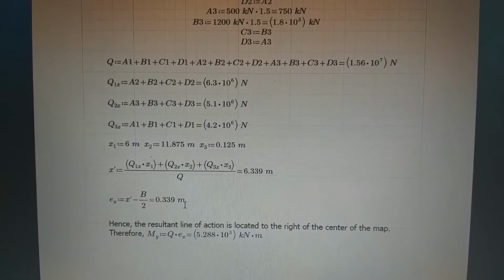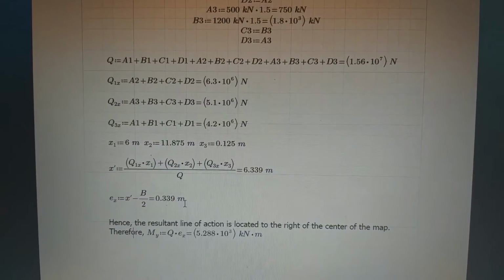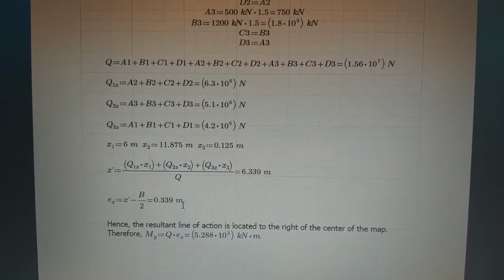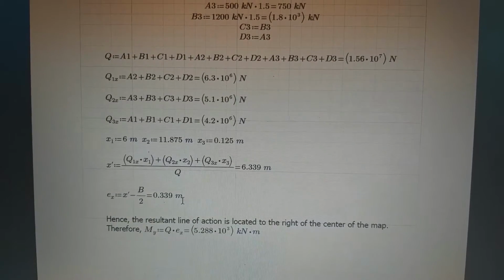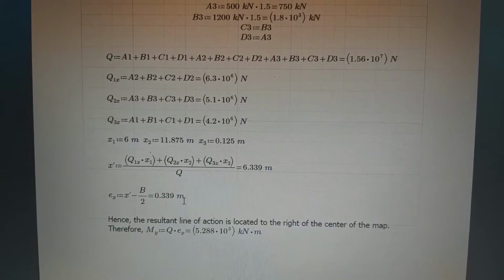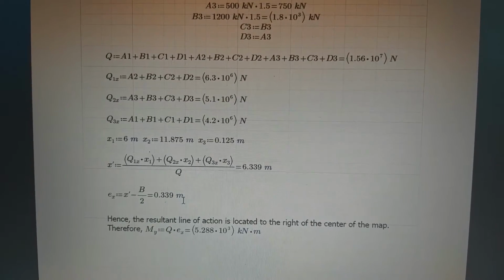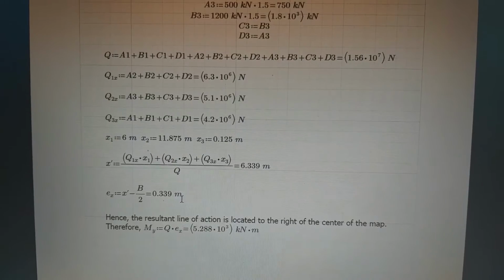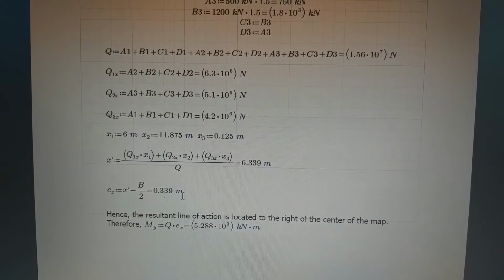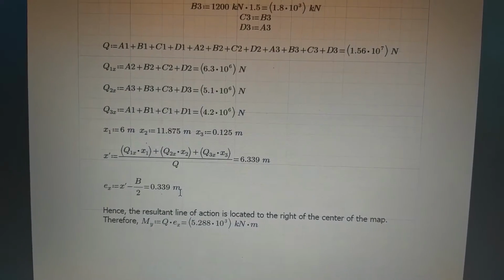Then we obtain x prime. X prime is obtained by adding up all the multiplications of Q1x by x1, Q2x by x2 and Q3x by x3, and then dividing by the total load that we calculated just now.